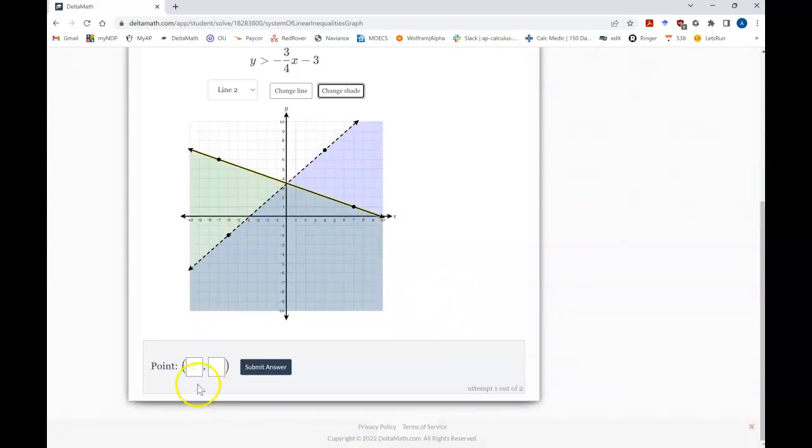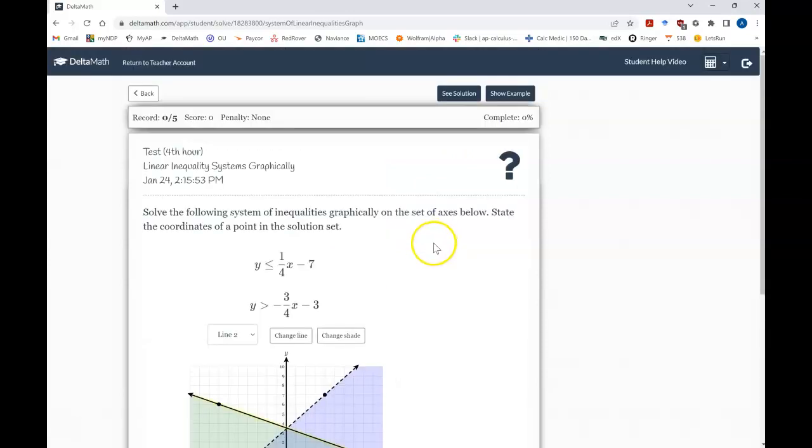And then it wants a point. So like if this is the overlapping region, like 0, 0 would be a point in the overlap between, right? So you just type in 0, 0 and hit submit. Everybody's okay with that? Now, this is not the right answer to this one. I just put something on here to show you kind of how the inputs work.